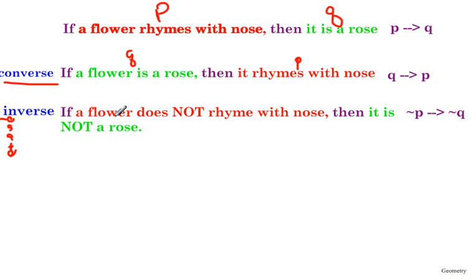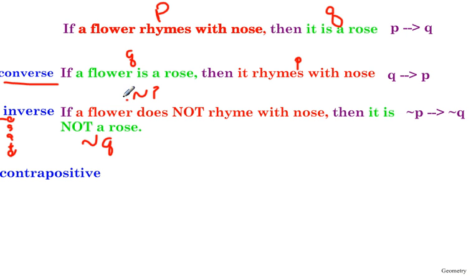Okay, so our inverse is taking the opposite of our hypothesis and conclusion. So if a flower does not rhyme with nose, then it is not a rose. So the opposite of in is out, insert a not, insert a negative, I negate it, however you remember inverse. But remember, you're just inserting a not into our original hypothesis and our conclusion.